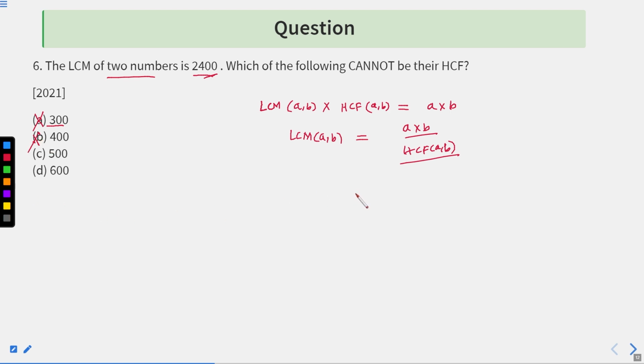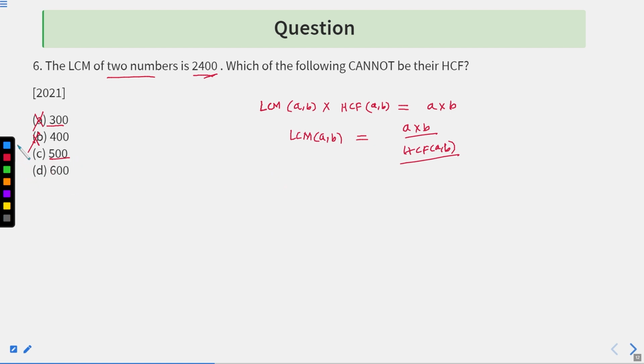And in option C we have 500. So here you can see 500 does not divide 2400. But the HCF of two numbers must divide the LCM of the two numbers, according to this result. So 500 does not divide 2400. So the HCF of two numbers cannot be 500.